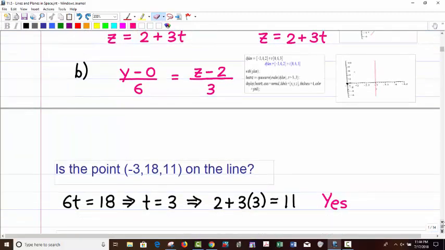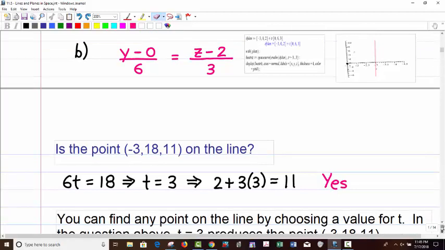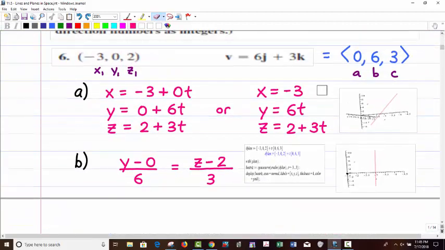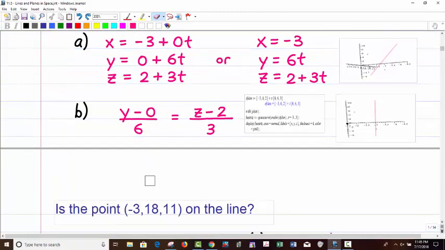So here's a question I'm asking now. Is the point -3, 18, 11 on the line? Well, don't worry. We don't have to graph this to find out. All we have to do is ask, can we find a value for t that would create that point? So you would come back up here and look at the parametric equations. The x is always -3, so don't worry about that. But if the y value is 18, I need to know what value of t would make that equal to 18.